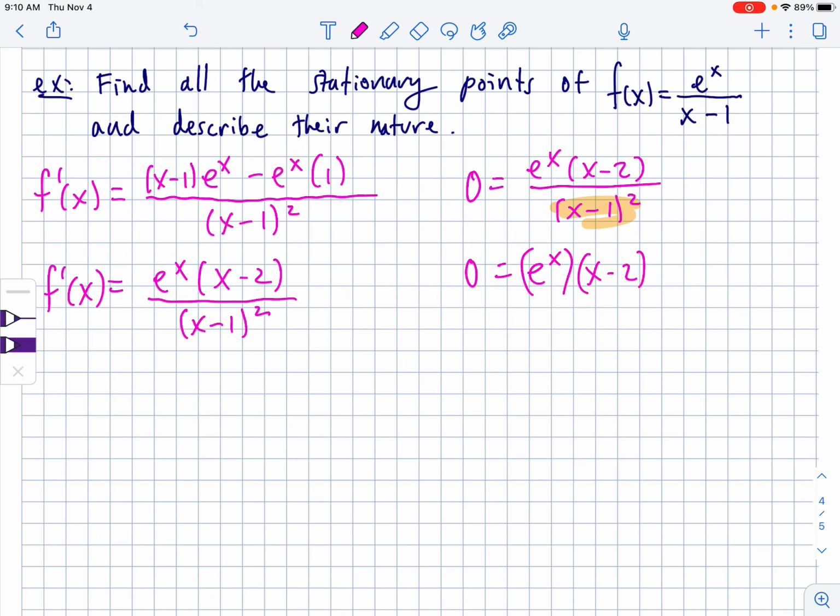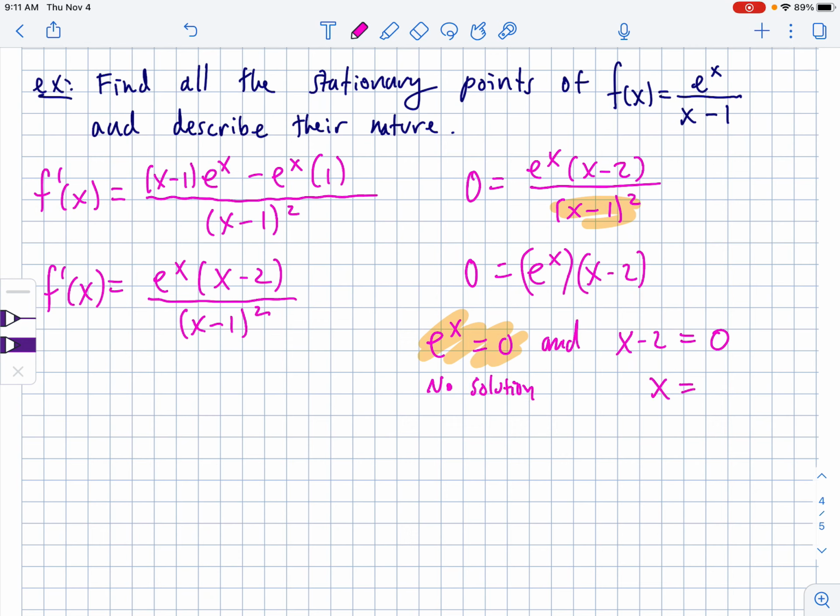Now you have two things being multiplied to get 0, so the same way that you factor and split them and set them equal to 0, like with quadratics, you do the same thing here. Now, this first part doesn't have a solution because there's no way to raise e to a power and get 0. Think about it: e to the 0 isn't 0, and negatives don't give you 0, and positives don't. So this part is no solution.